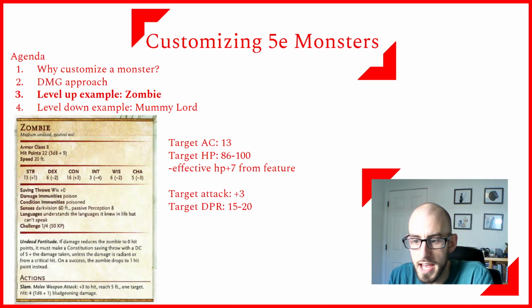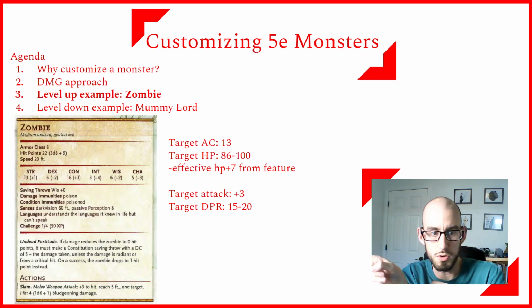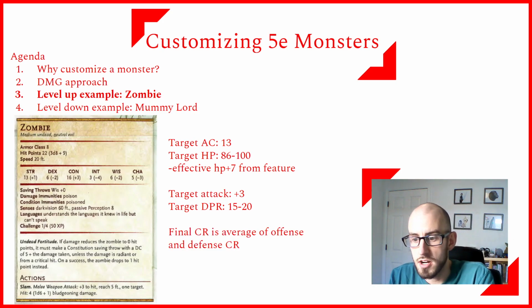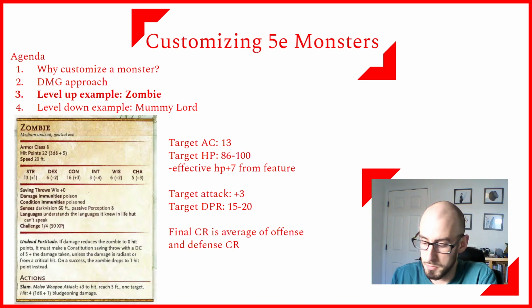For our target attack, the attack bonus for a CR2 creature is +3, and its damage per round is 15 to 20. And as you can see, we're only at 4 down there in the corner. Our final CR is going to be an average of offensive and defensive challenge rating. So if we drop our defensive challenge rating to 1, our offensive challenge rating can be 3, for example.